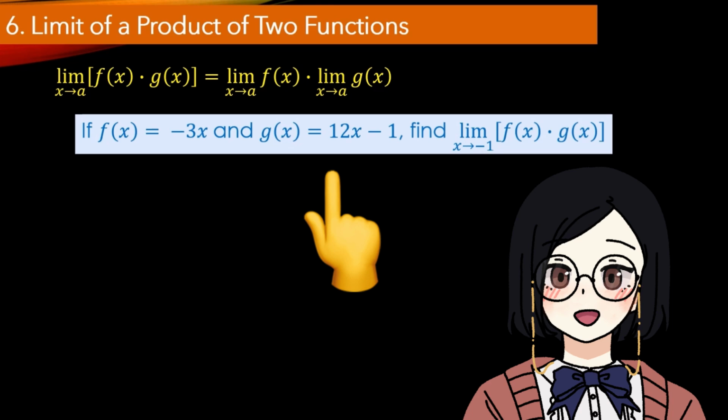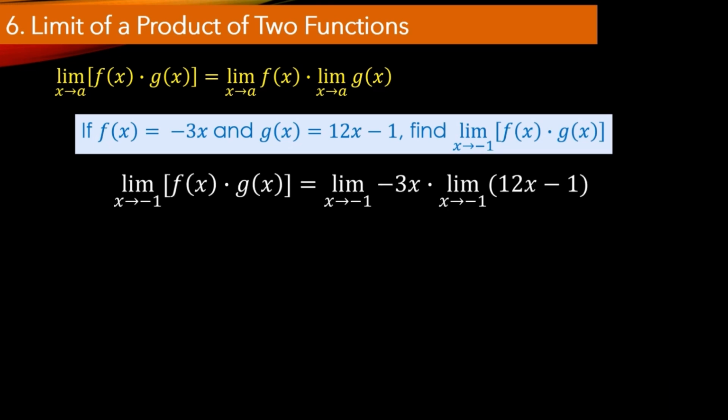Then find the limit of f of x times g of x as x approaches negative 1. Applying the limit law, we will have the limit of negative 3x as x approaches negative 1 times the limit of 12x minus 1 as x approaches negative 1.